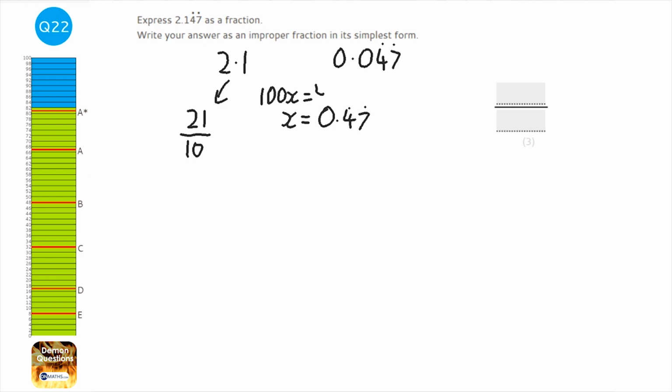Well, that's 47.47 recurring. And let's take them away, so it's 99x is going to be 47 take away 0, which is just 47. And the two recurring bits will just cancel each other out. Divide both sides by 99.